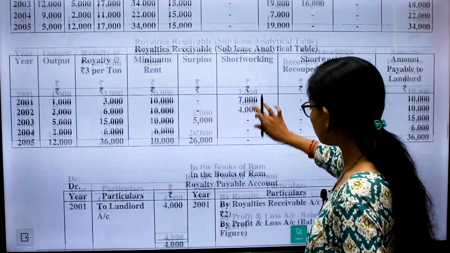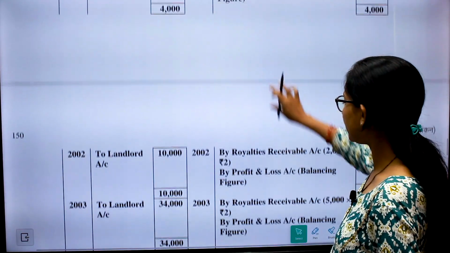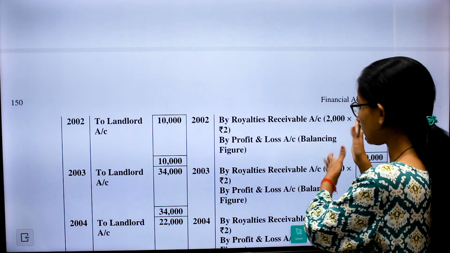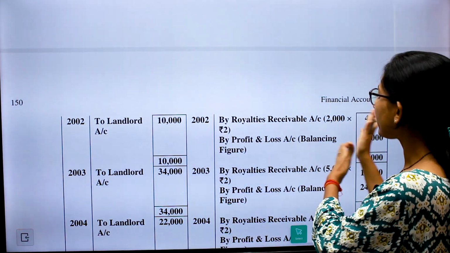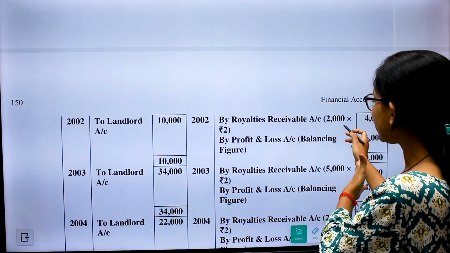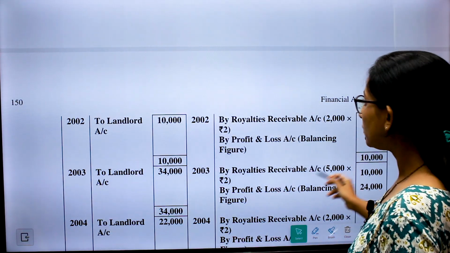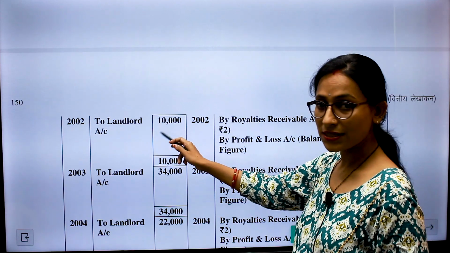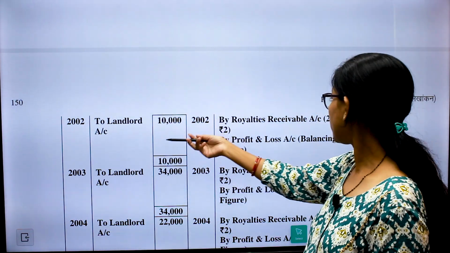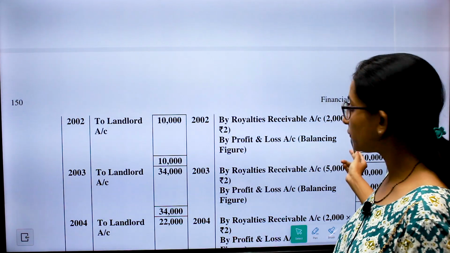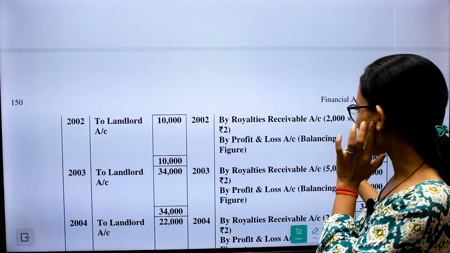He is receiving this in the second year as royalty receivable. He will credit it because he is getting the money, so he will credit royalty receivable 2,000 into 2, that is 4,000. He is paying 10,000 and receiving 4,000. The balance amount will be transferred at the end of the year to the profit and loss account.